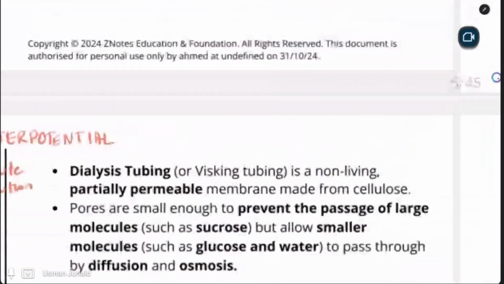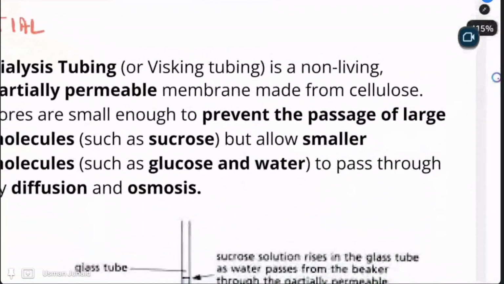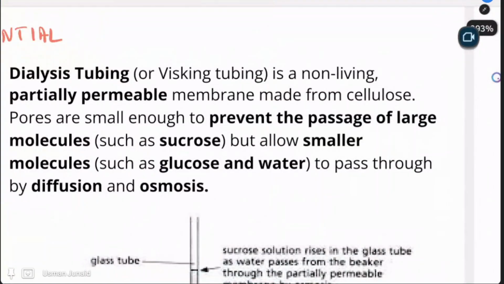Now there is something called a dialysis tubing experiment. So what is a dialysis tube? Have you heard the term dialysis? Probably. People, when they have dysfunctional kidneys, undergo dialysis. What do your kidneys do? Do you have a basic idea?